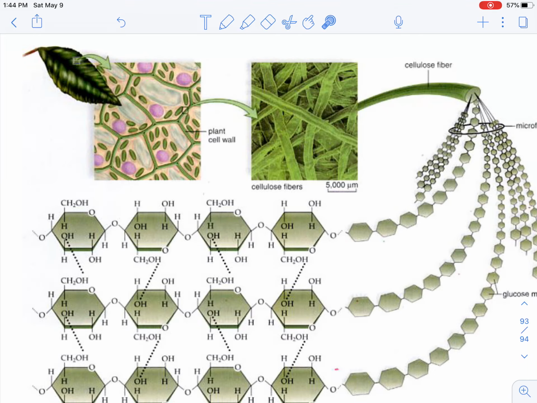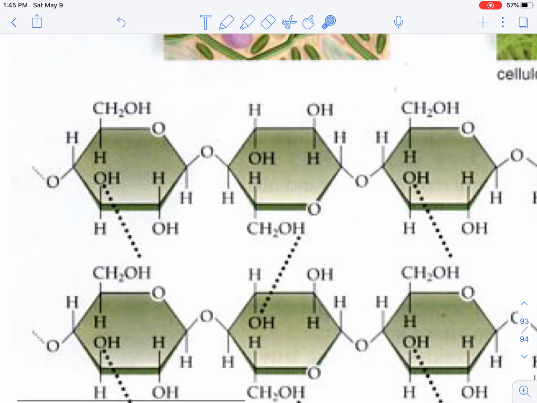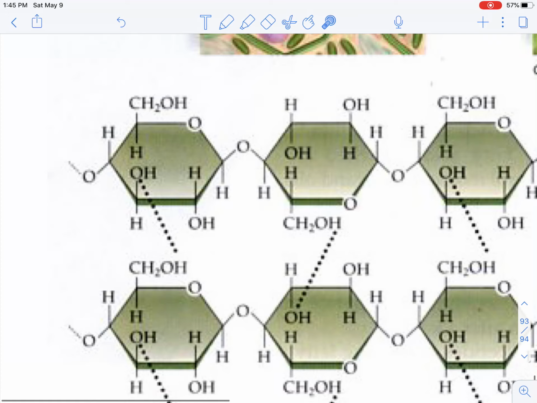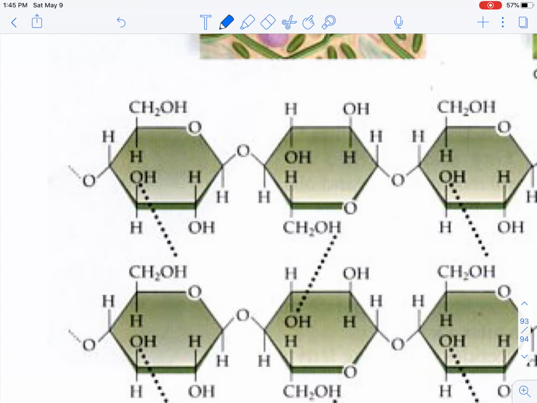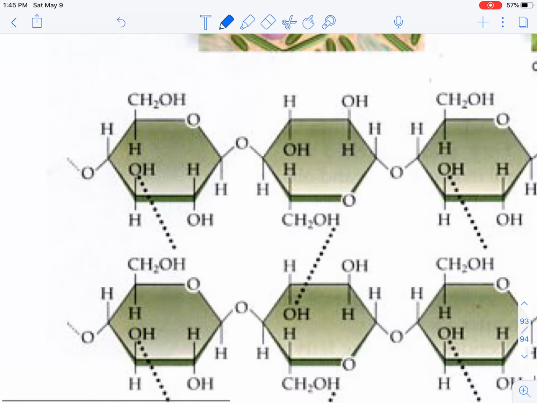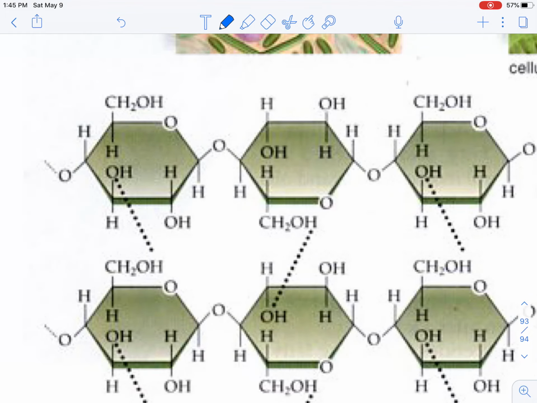Anyways, I want to zoom in on a couple of these glucose monomers so that you can understand the beta 1,4 linkage and its consequence with respect to cellulose. I'm going to look at this glucose monomer on the left. This is our oxygen, that's our reference point, so this is going to be our anomeric carbon.